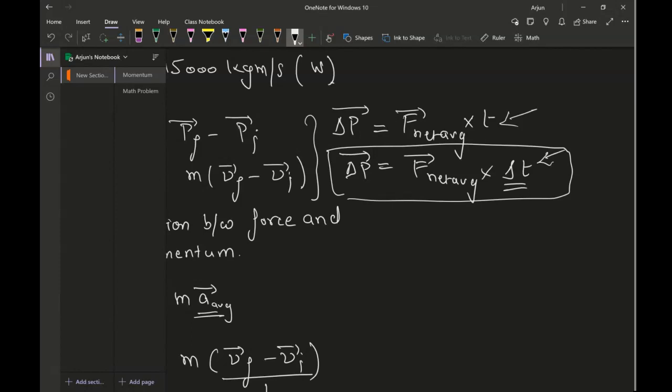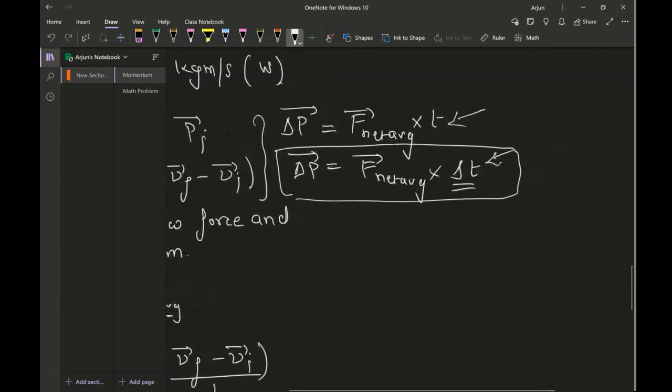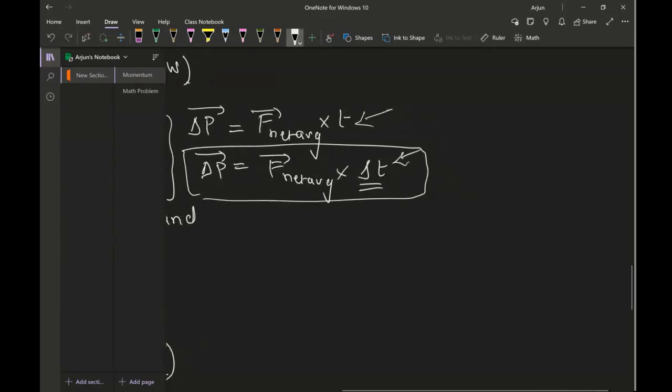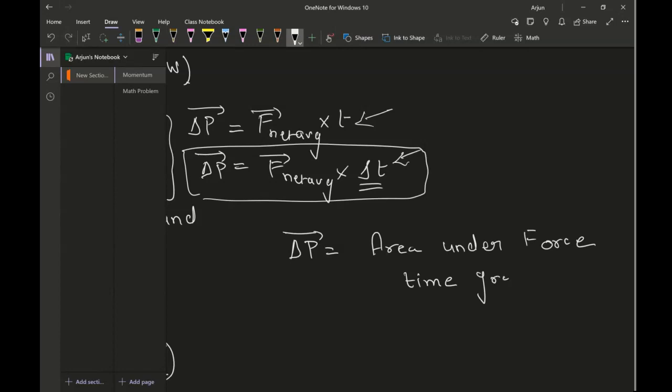Now one more final formula which I wanted to give you. The real definition, if you look into the change in momentum formula, which I prefer, is that change in momentum is equal to the area under the force time graph. Why do I prefer this one?